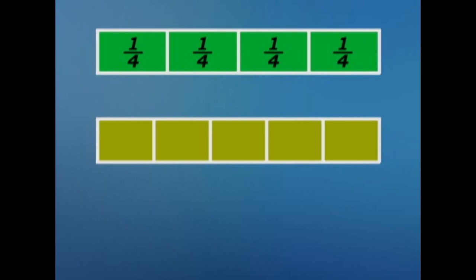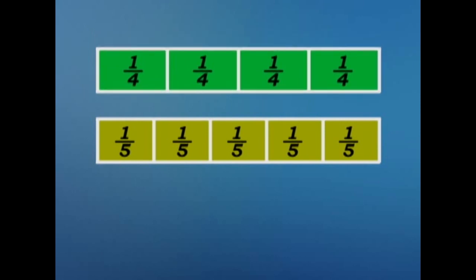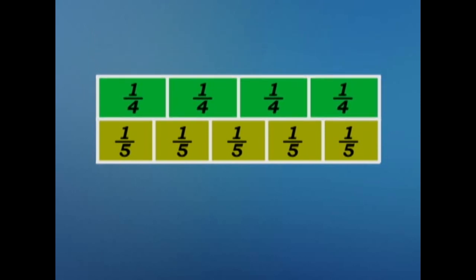Let's write 1/5 in each box. Now let's compare the quarters and the fifths. Can you see that the 4 quarters are bigger than the 5 fifths? But the boxes are the same.